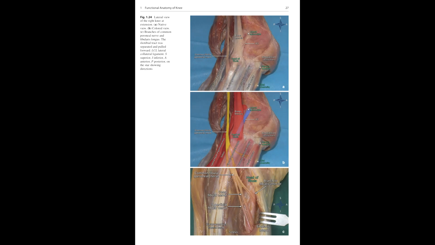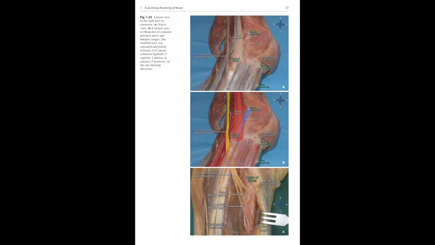The iliotibial tract and its relationship to Gerdy's tubercle are clarified. This color overlay helps us visualize the layering: superficial fascia and iliotibial tract first, then ligament and tendon, with the nerve running obliquely.